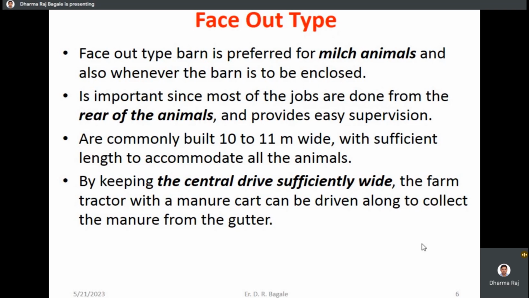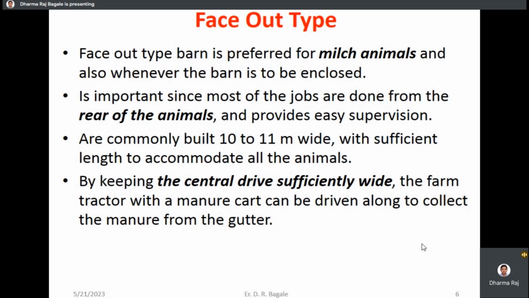The width of this face out type or tail to tail system is from 10 to 11 meters, with sufficient length to accommodate all the animals, and the central drive sufficiently wide so that a farm tractor with a manure cart can pass through this central drive or manure alley, and we can remove the manure using the manure cart, collecting it from the gutters.